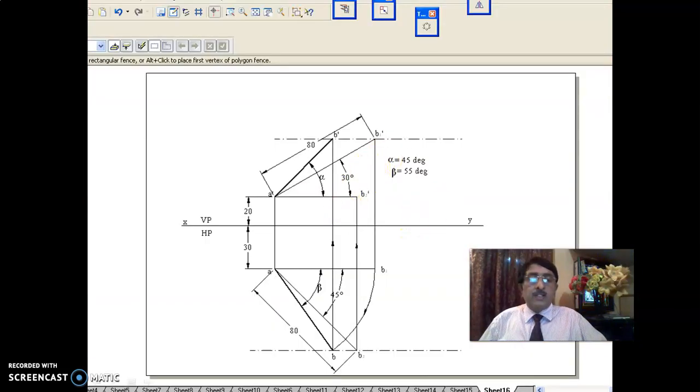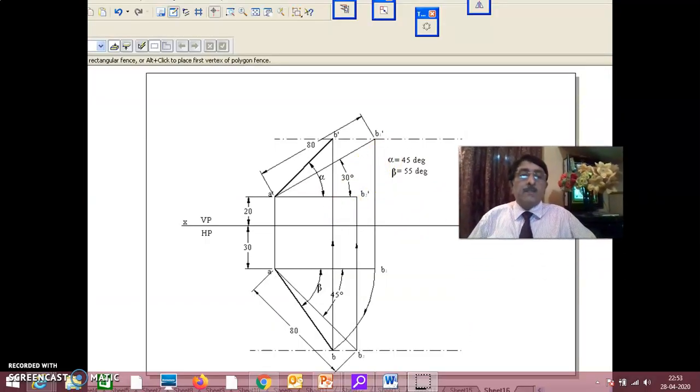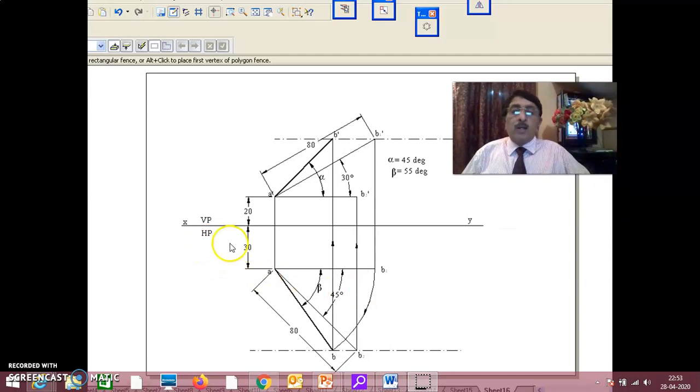See here, last session, the problem was this. One end of the line was 20 mm above HP, 30 mm in front of VP. Just look at the way I did it in the last session. The problem said the line was inclined at 30 degrees to HP and 45 degrees to VP and measures 80 mm.